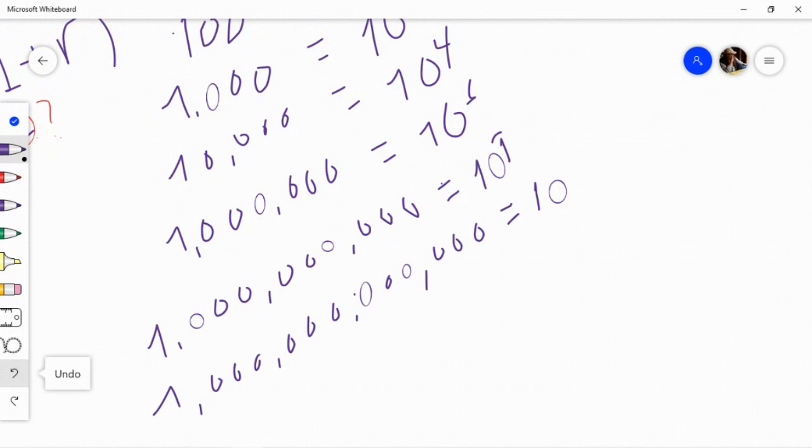When you see 4 commas, that's already 12 zeros, 10 to the 12th, 1 trillion.